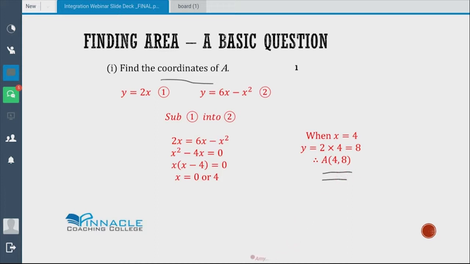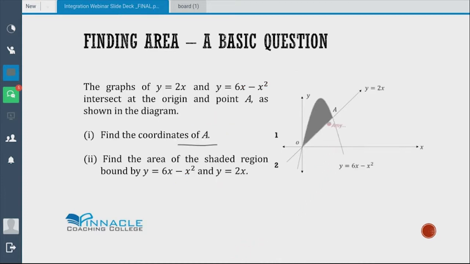All right, so now we've got the coordinates. The next step is to do the integration. So just going back to the question here. So it's telling you that this is for 8. So it's telling you what the upper bound is going to be in your integral.